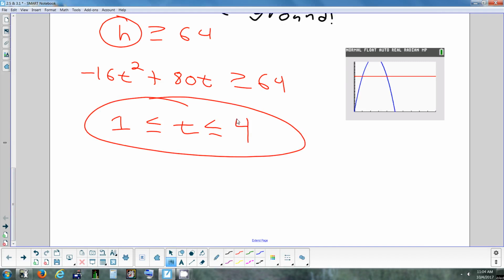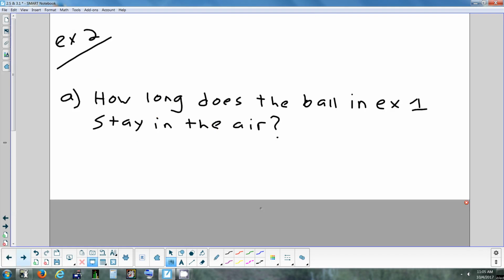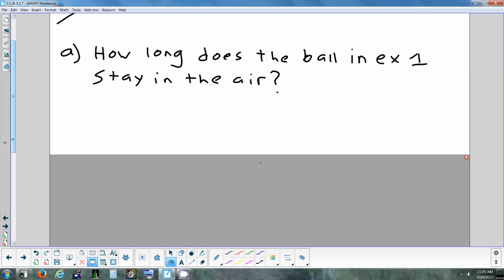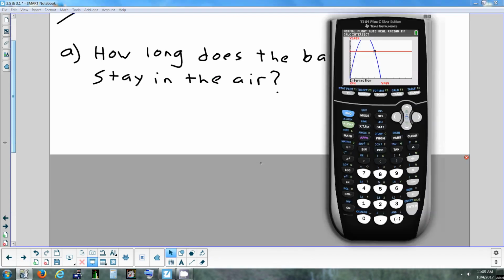So any time between 1 and 4 seconds, the object is at least 64 feet above the ground. Any questions on that? So we just solved a quadratic inequality. It's quadratic because of the 2, using the calculator. How long does the ball stay in the air? Let's go back to the picture.